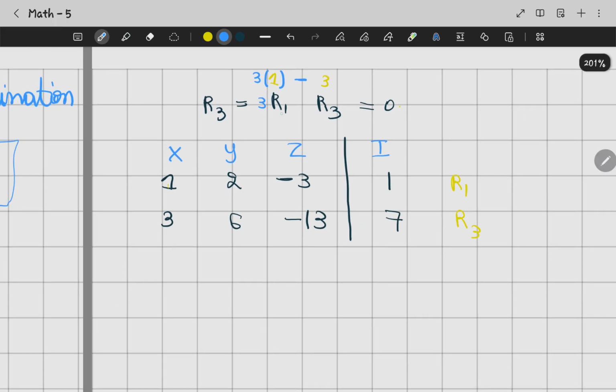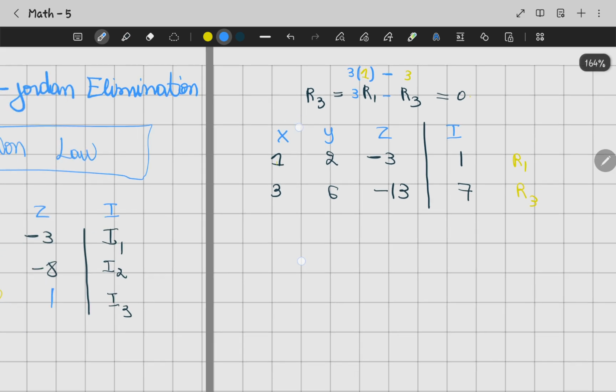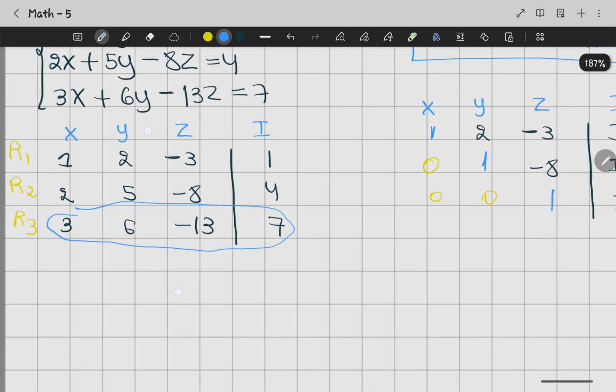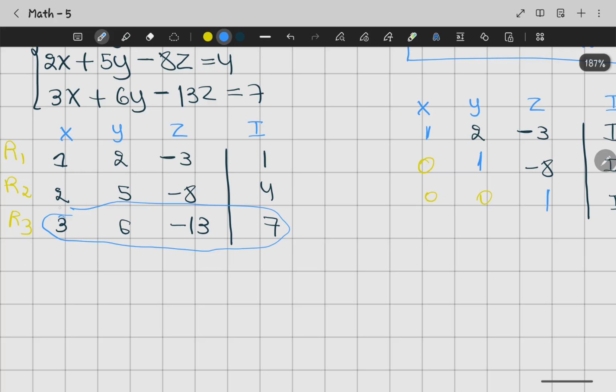The reason why I said R1 equals 1 is because we're trying to turn only this one into 0, the first one here. We're just going to focus on that one. So we need to make it equal to 0. That's why I'm assuming that when we're doing our calculation, R1 is 1 and R3 is 3.